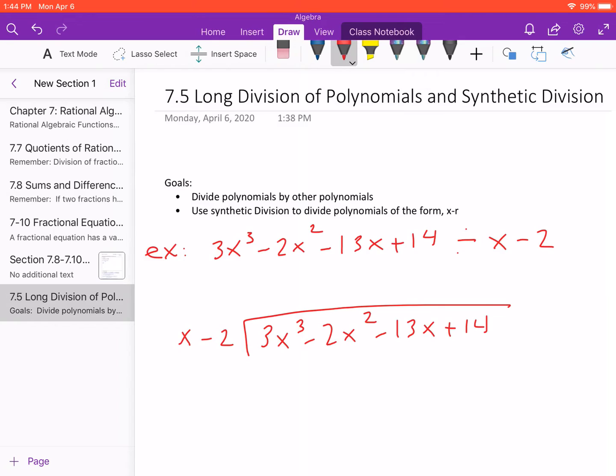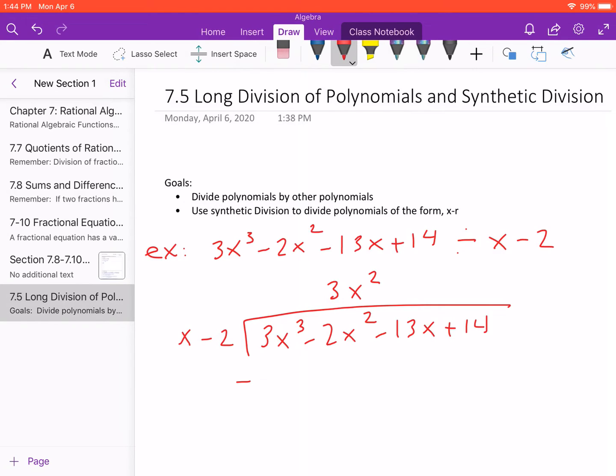So we're going to go ahead and take 3x squared and multiply 3x squared by x minus 2. So that's going to look like this. If I divide, I'm left with 3x squared over here.